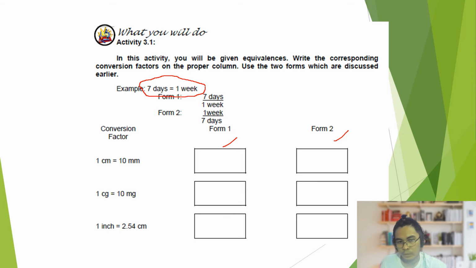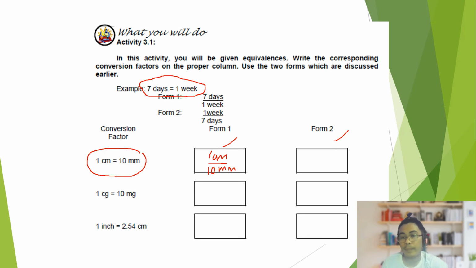Right? So, this is it. For example, let's do this. Example, 1 cm is equal to 10 mm. So, our first form of the conversion factor is 1 cm divided by 10 mm. Just flip it. That's your form 2.